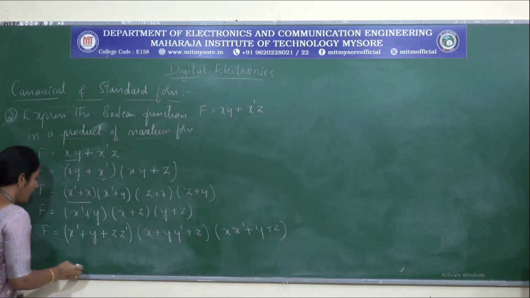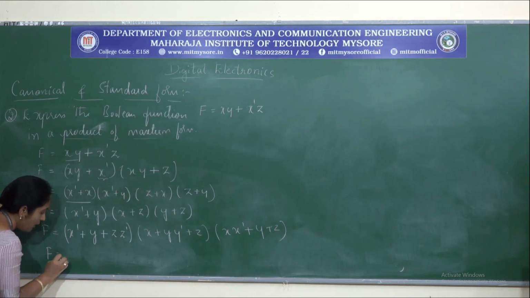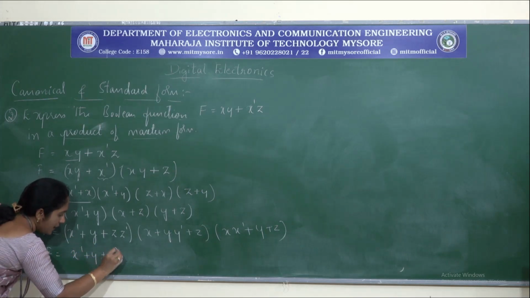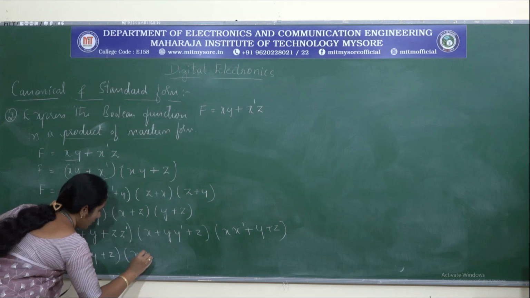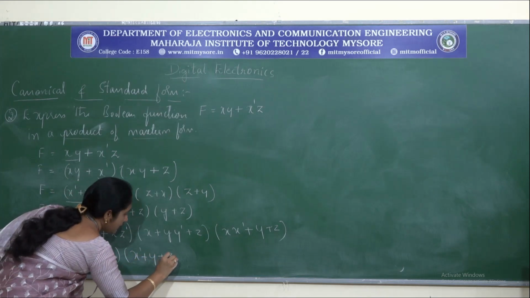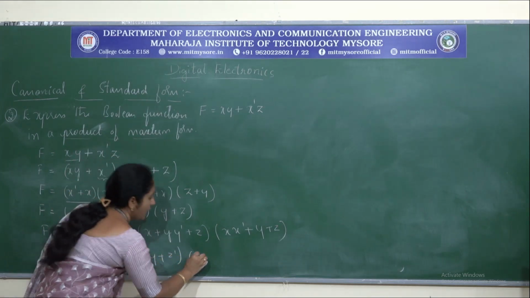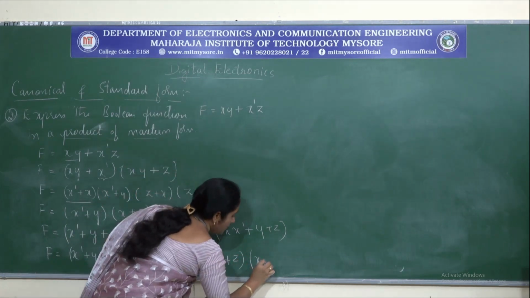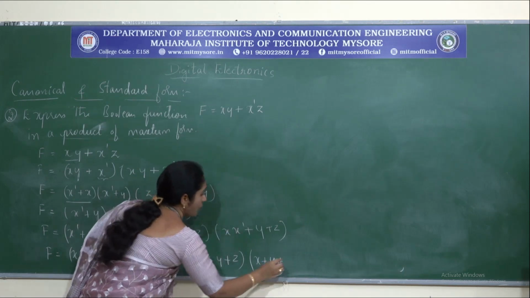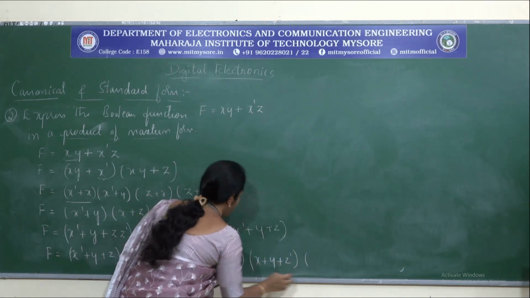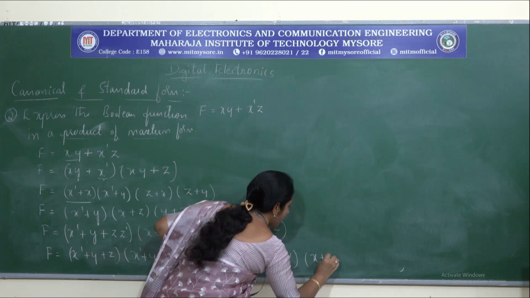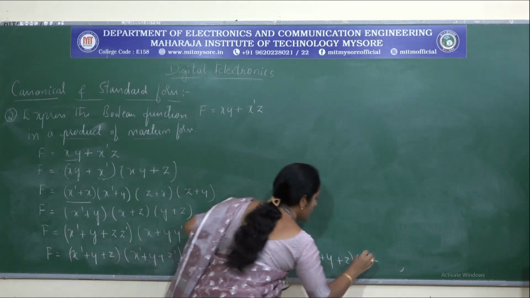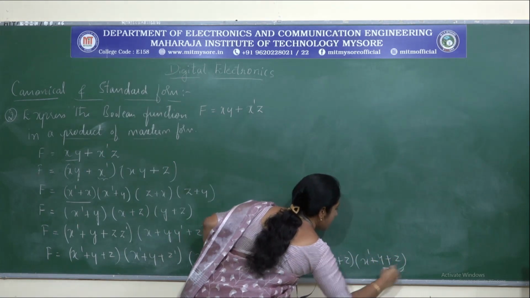Now if we expand using the distributive law, we can write this as x dash plus y plus z, x dash plus y plus z dash, next x plus y plus z, x plus y plus z dash, and the last one x plus y plus z, x dash plus y plus z.